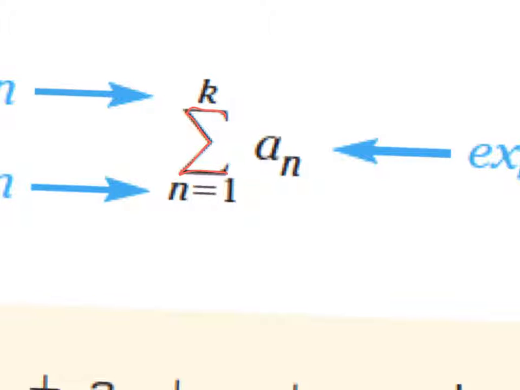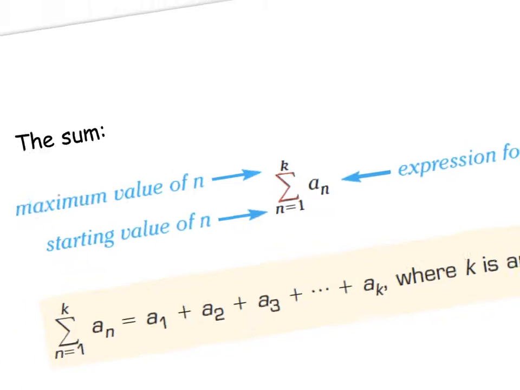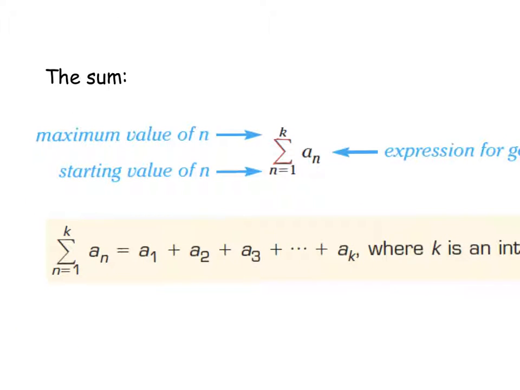Okay, so if we look at the notation here, whenever you're looking at a summation, this bottom number, n equals 1, is always going to represent the starting value of n. You could think of it as your starting term.